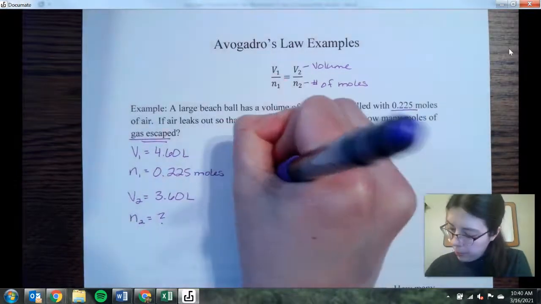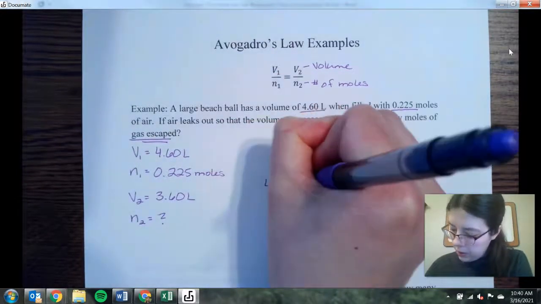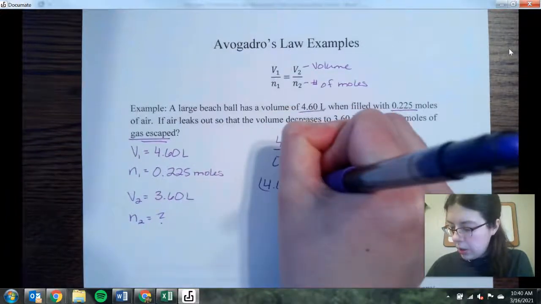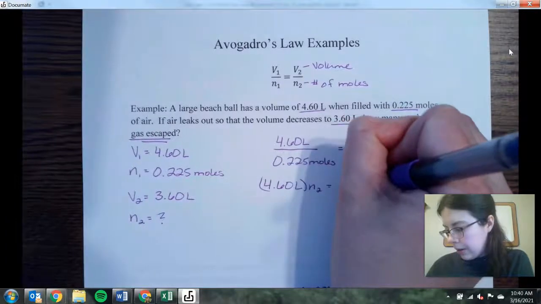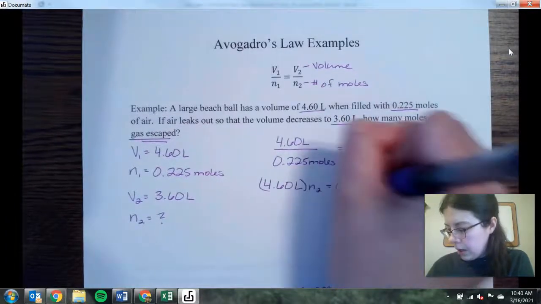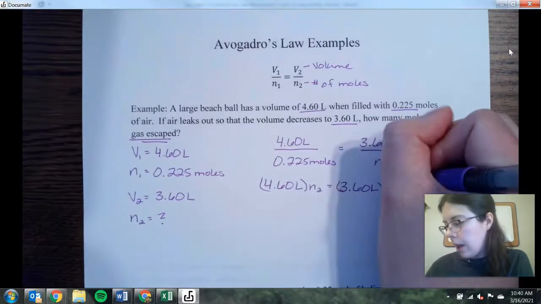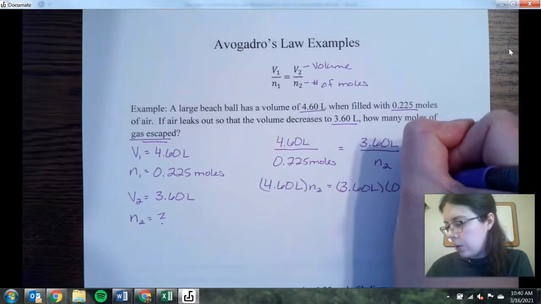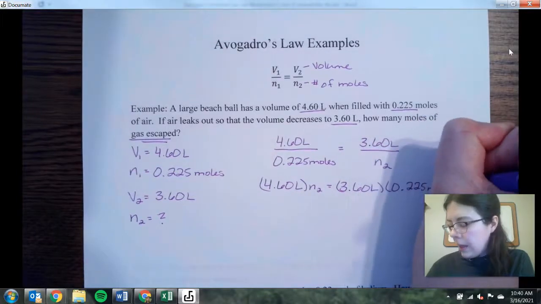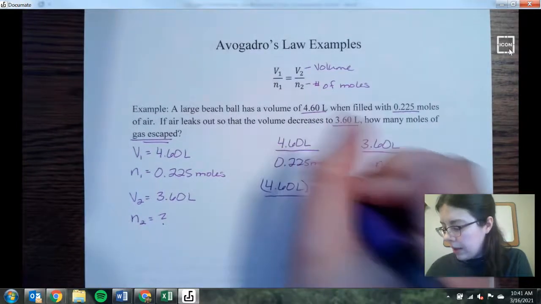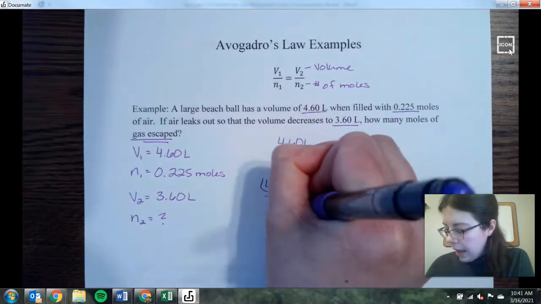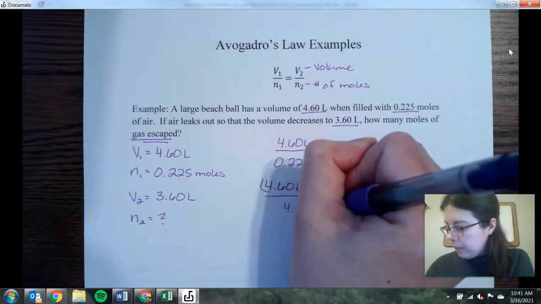So we have 4.60 liters times N2 is equal to 3.60 liters times the number of initial moles, 0.225. Then we're going to divide both sides by 4.60 to get N2 by itself.